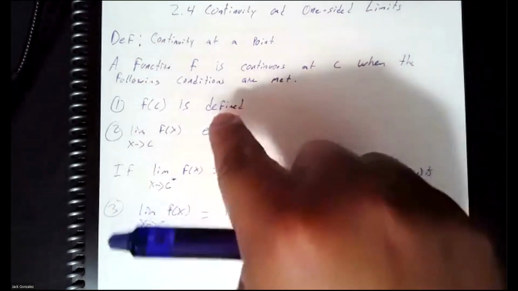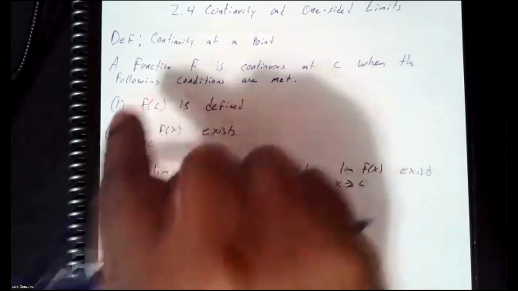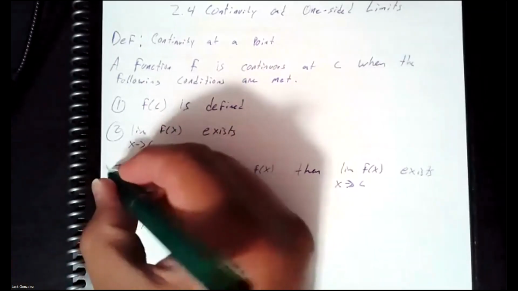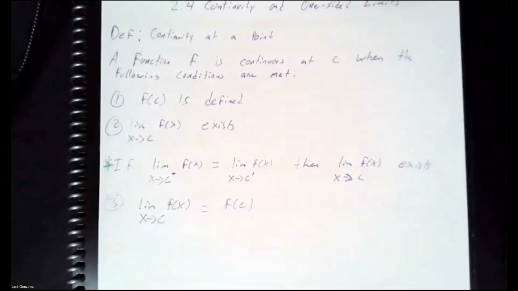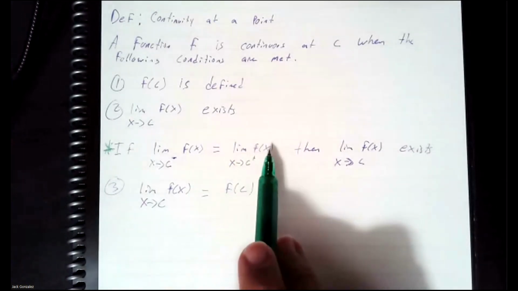So whatever the limit is for number two has to be equal to number one, plugging the number in. Okay, so if they're not the same, you would say it does not exist, right?